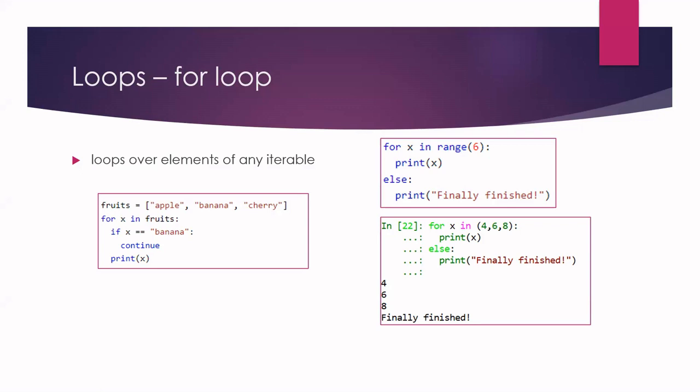So the loop in Python is based on an iterable, and any of the sequences are considered iterable. If we want to loop a specific number of times, we can use the range. We can loop over the elements in a list, elements in a string, elements of a tuple, or elements of a range.